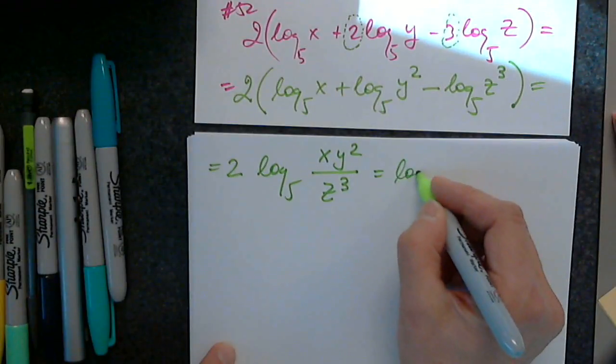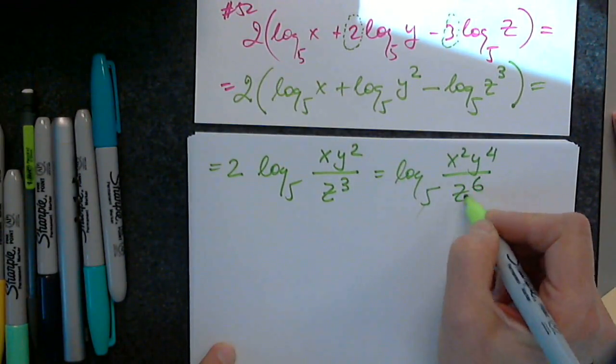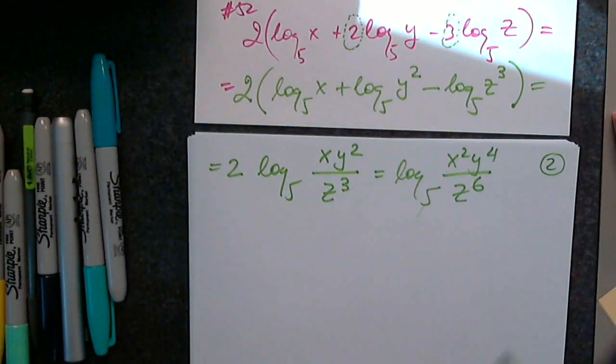So then I have log base 5 of x squared y to the 4th z to the 6th. Copy the base, multiply the exponents. I distributed the 2 first, that's fine. Always remember, keep the constants waiting. That's my theory. They mess me up. They make the problem more complicated.